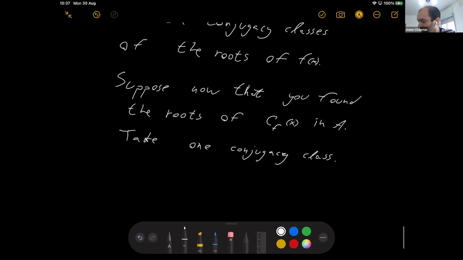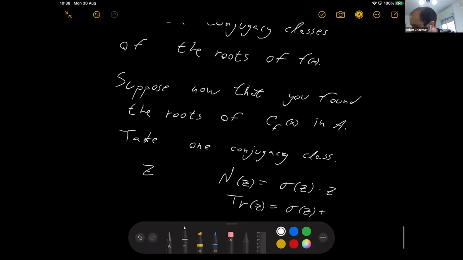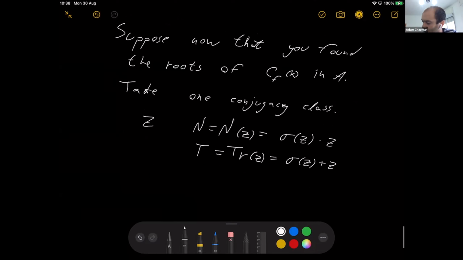If you take a z, then you have this norm that I mentioned, sigma z times z, and you have the trace, which is sigma z plus z. So let's just write them down as n and t. And all the elements in the conjugacy class of z are characterized by the equation z squared minus t times z plus n equals 0.